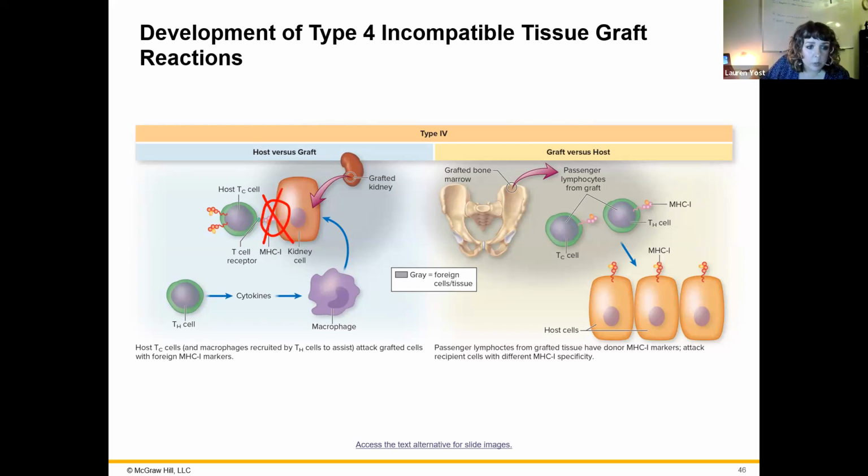So what we do is we activate our response. Here's our T helper cell releasing cytokines, our call to action chemicals, and then that activates the macrophage, and now we're going to start attacking the kidney.